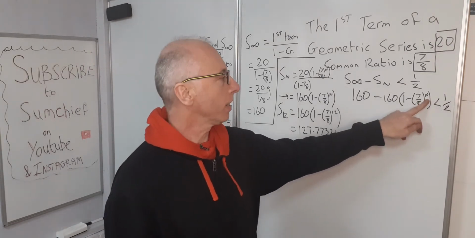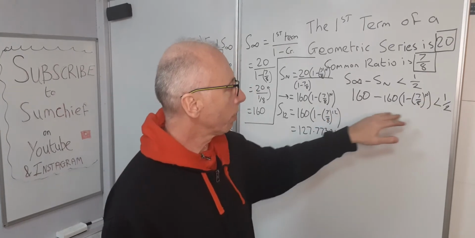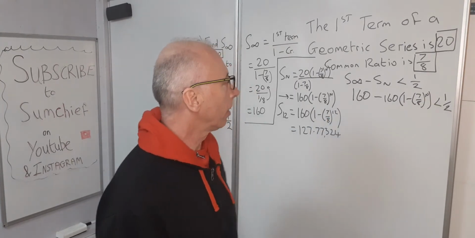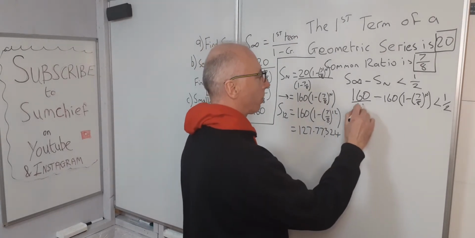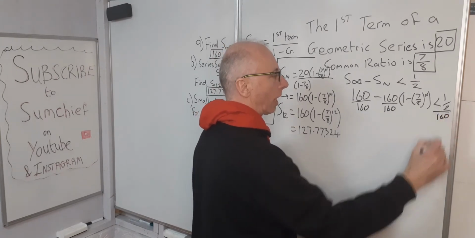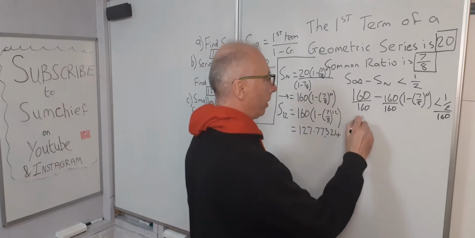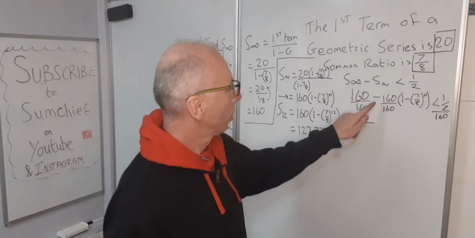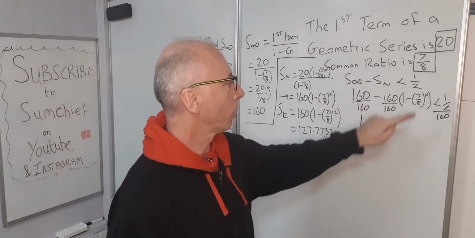The object of this exercise is to get this n isolated. So let's start moving some of these numbers around and see if we can break it down. First thing, I would suggest dividing by 160. That'd be a good start. So then we've got 1 minus 160 over 160, that's just 1, so 1 times all of this.